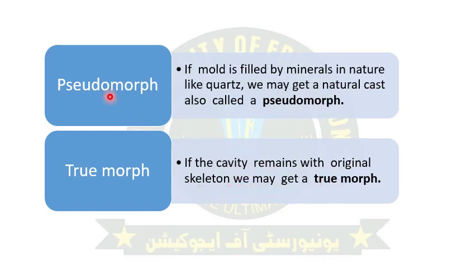So, if the cavity formed is filled with a substance that comes from the surrounding medium, that mineral can be quartz or something else, and a morph is formed which is called a pseudomorph. While during the formation of a true morph, the original body minerals remain deposited in the mold.